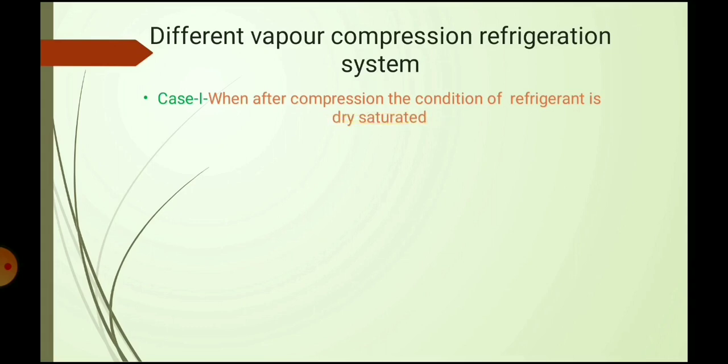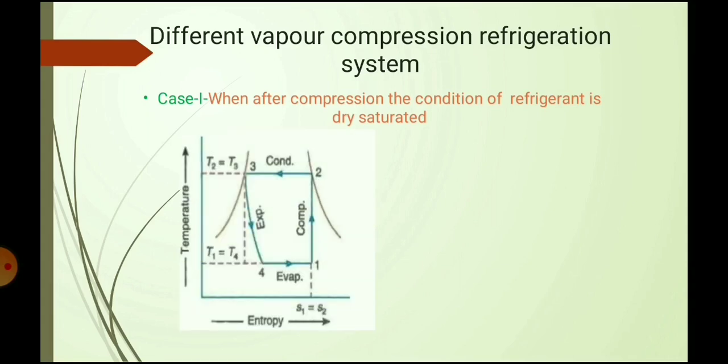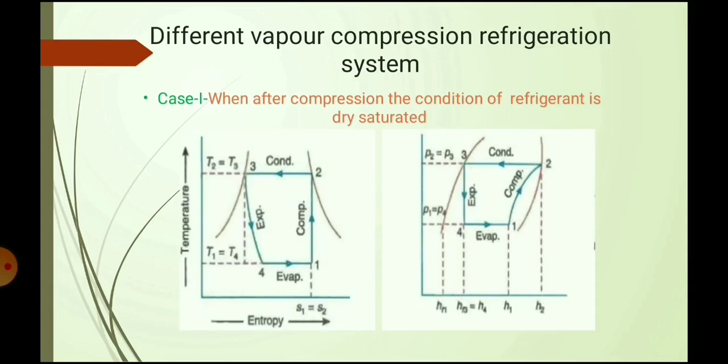Dry saturated means saturated vapor. That means point 2 should be on the saturated vapor line at the pressure of condenser. Clear?